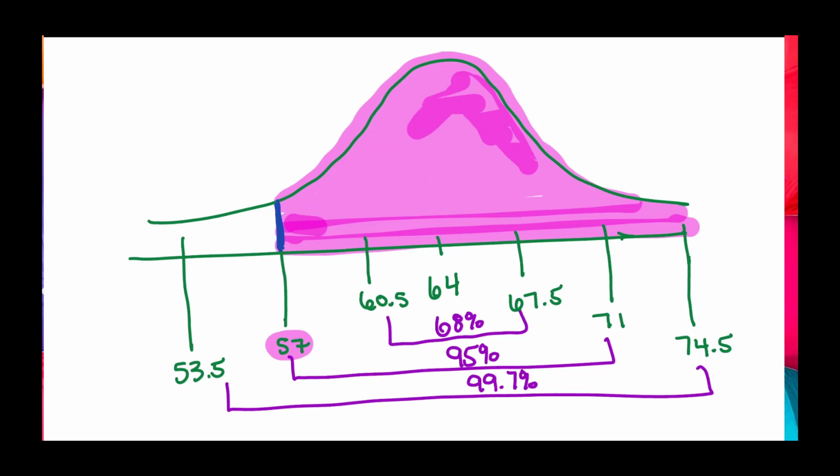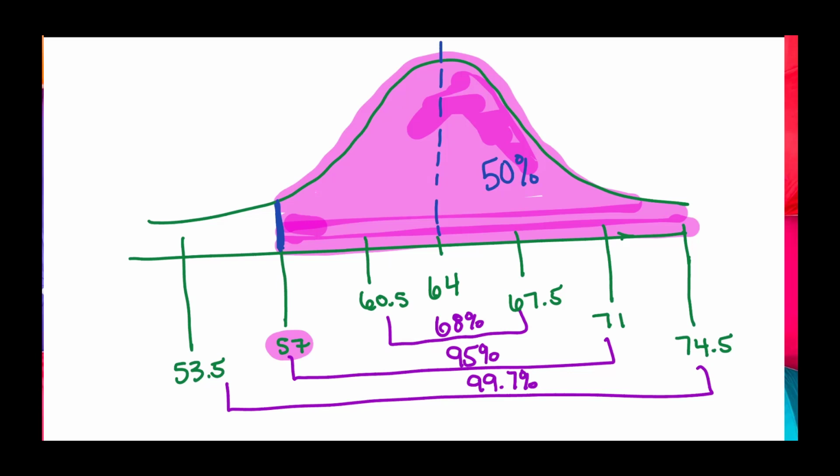All right, so one way to do this is to split it in the middle. At the 64, I know that the right side that's shaded is 50% of the data, right? Because the whole thing is 100. It's symmetrical. If I split it in half and I shade one full side, that's 50% of the data.